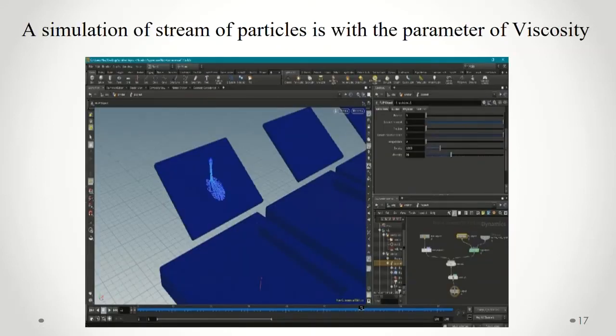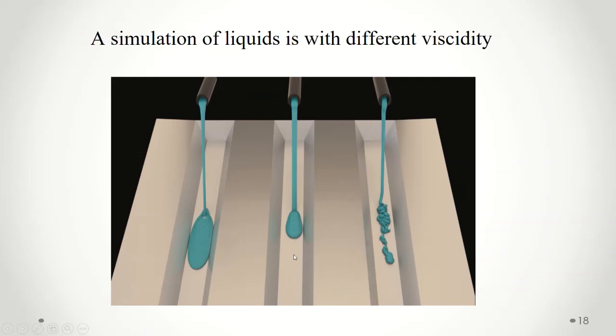By running the simulation again, you can see how the viscosity parameter affects the fluid flow behavior. The stream flows from the surface much slower and looks like a viscous substance such as honey. The result of the behavior of liquids with different viscosity can be seen in the figure.